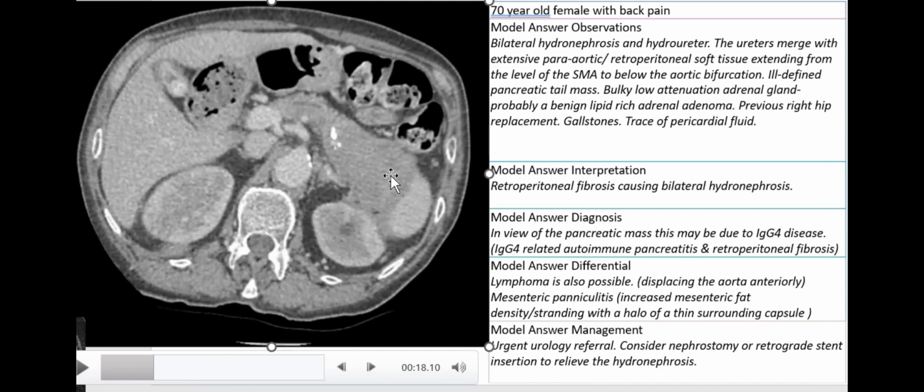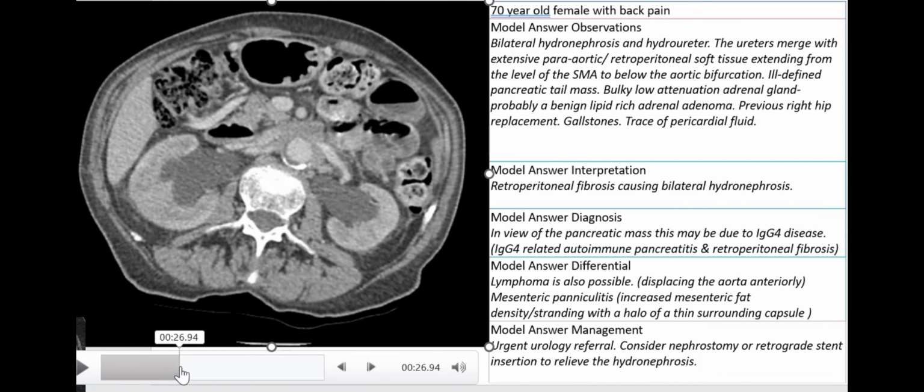So the diagnosis here, I think this is an autoimmune process or IgG4 related autoimmune pancreatitis with retroperitoneal fibrosis.